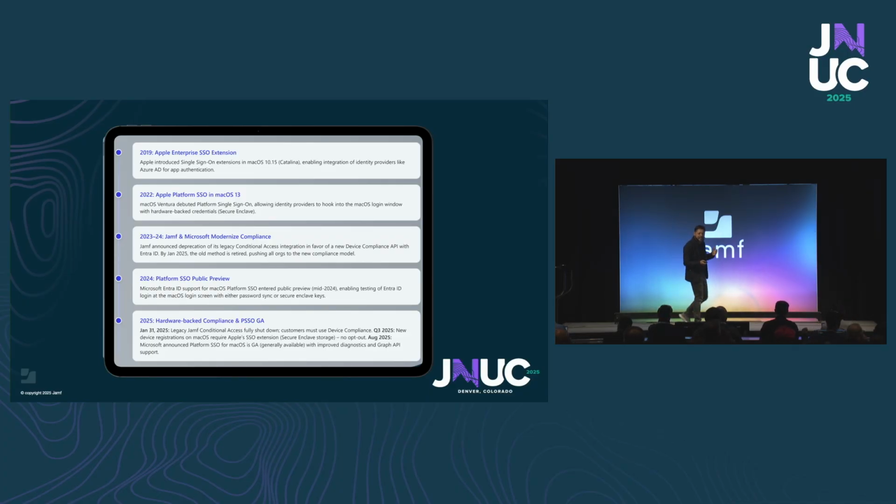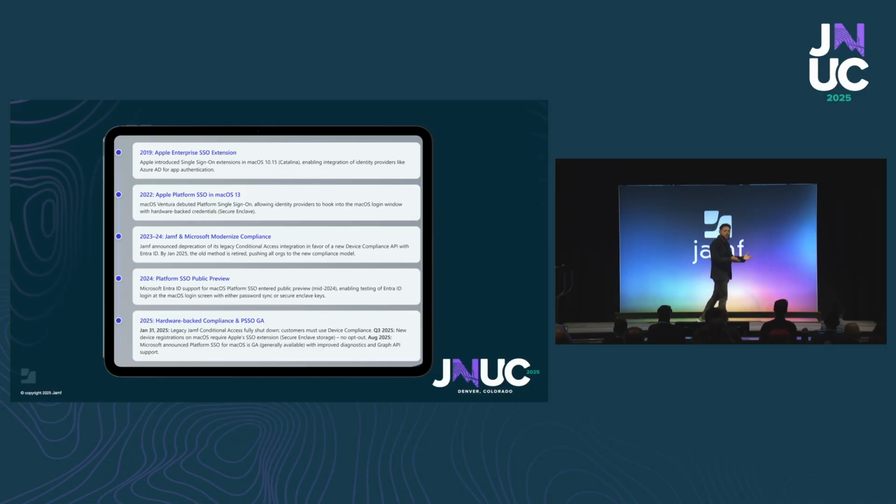In 2019, Apple introduced Enterprise SSO, and that started to make the change for all of us. We had app-by-app authentication, but that was the start of unifying the Microsoft 365 ecosystem with the benefits of using Apple devices.